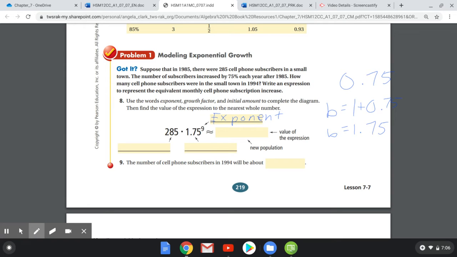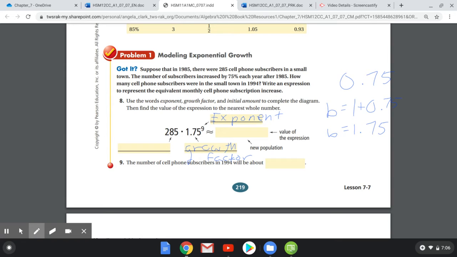And then our growth factor is here. So B is our multiplier or growth factor. Since this is specifically exponential growth, then we can call this the growth factor. If it were exponential decay, then that would be the decay factor.